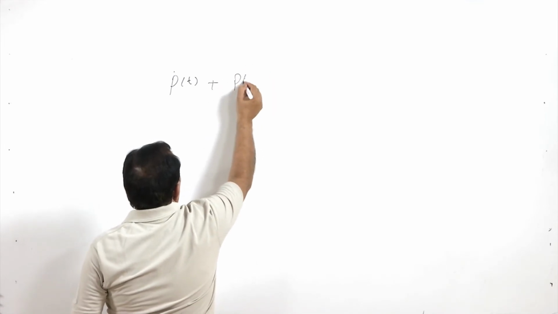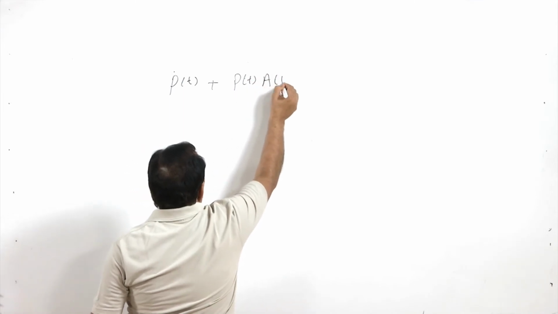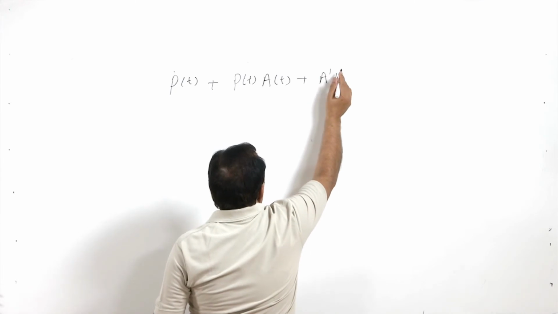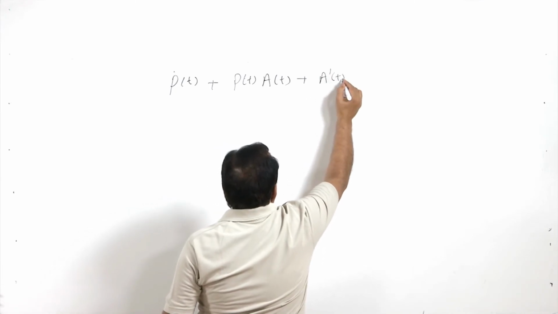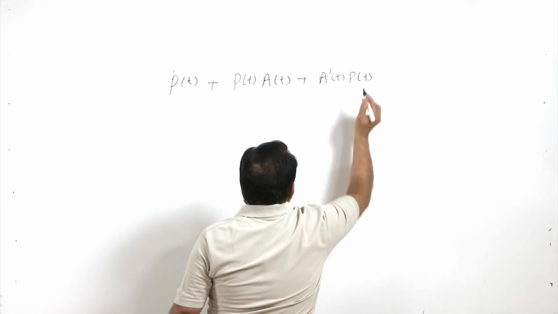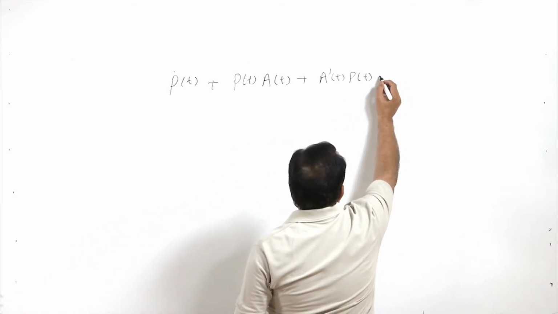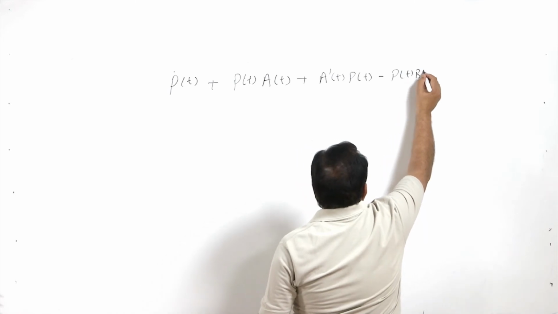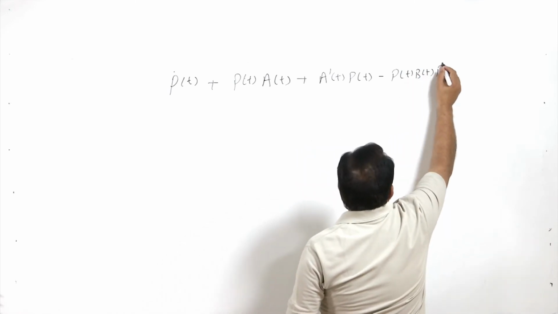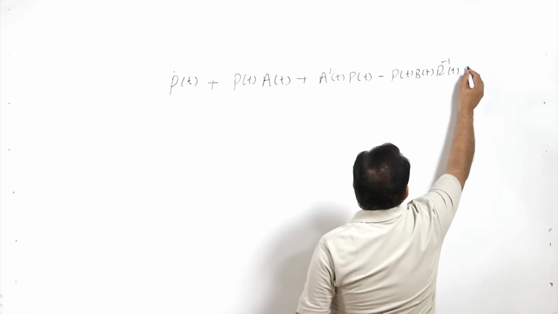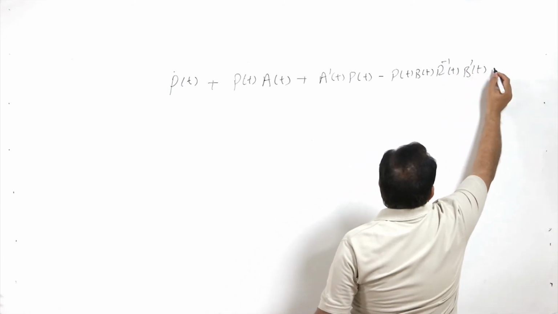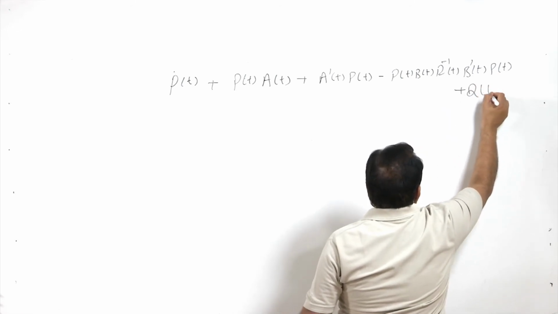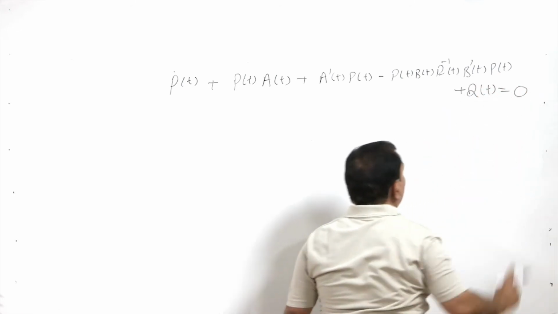P dot(t) equal to PA plus A transpose P minus P B R inverse B transpose P plus Q(t) equal to 0.